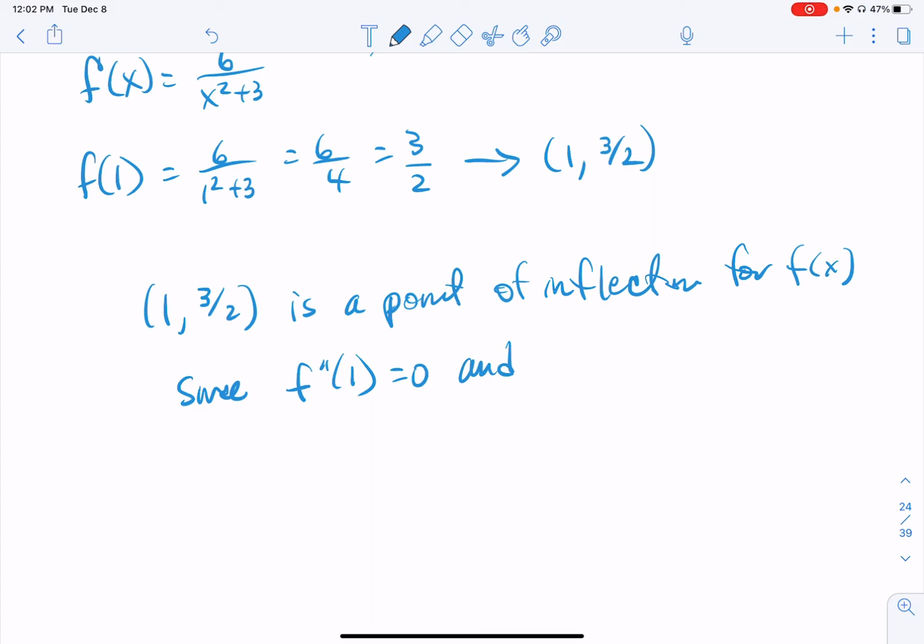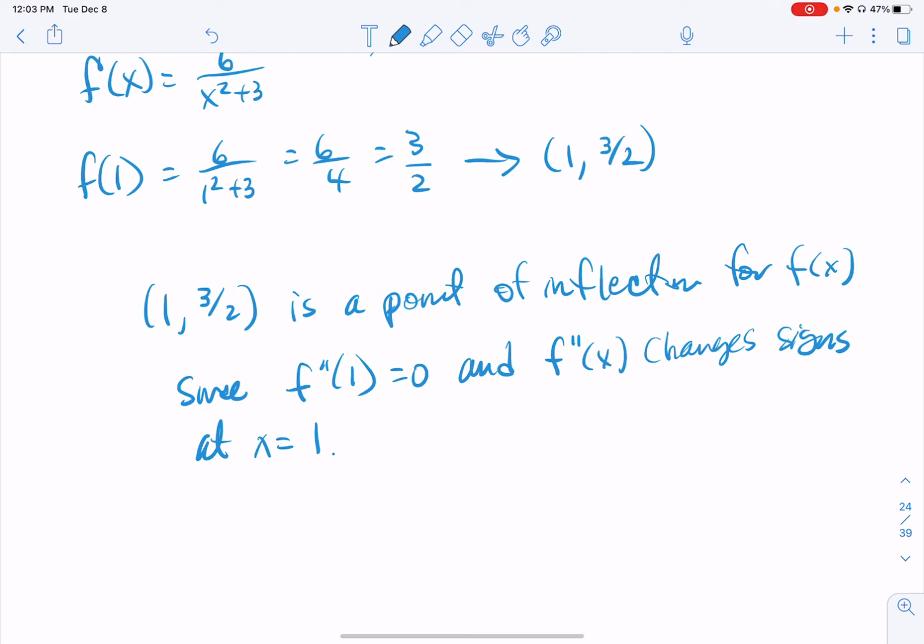I can say that f double prime of x changes signs at x is equal to 1. That's one of the things that I could say.